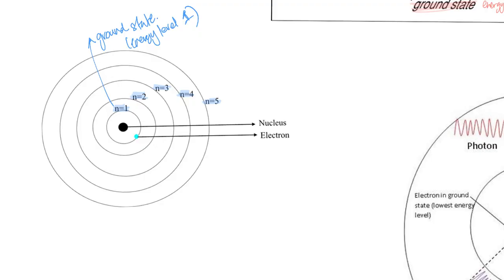And then you can go all the way up to energy level 5. And eventually we go to n is equal to infinity.